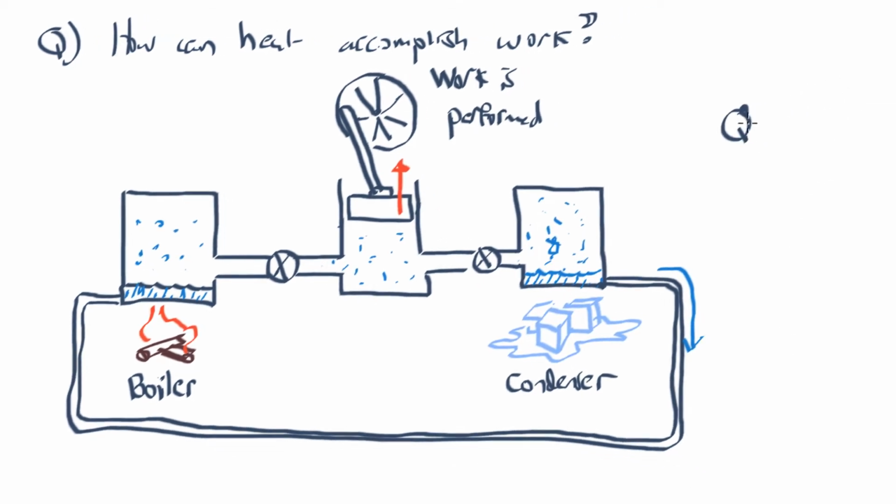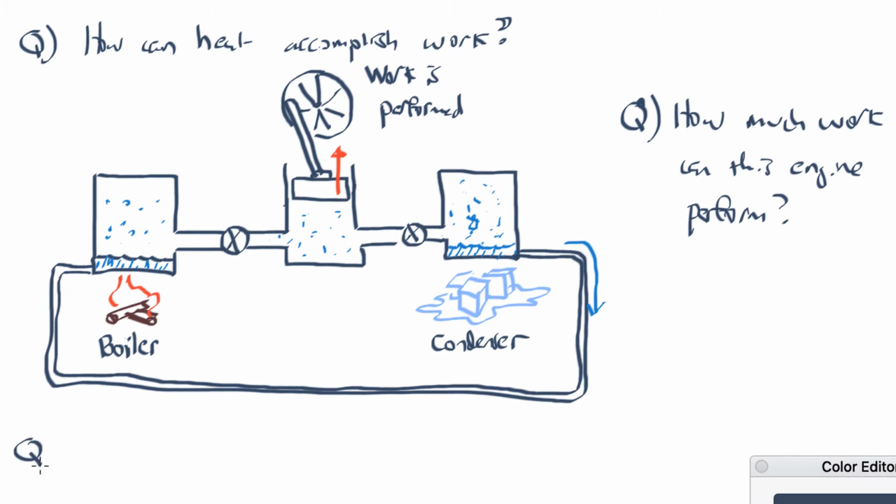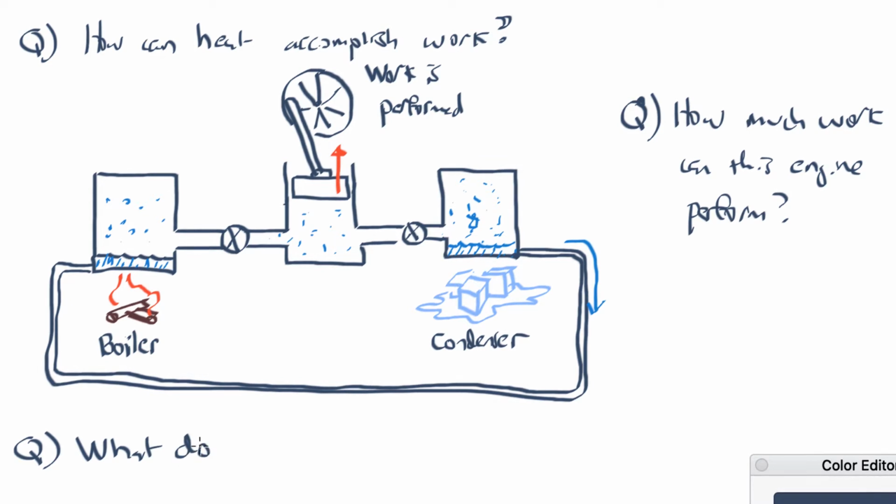So this is the second question I want to ask: how much work can this engine perform? And in particular, how much work can be done by a given quantity of heat that one is generating? And for that matter, and here's a third question, what do we mean by heat?